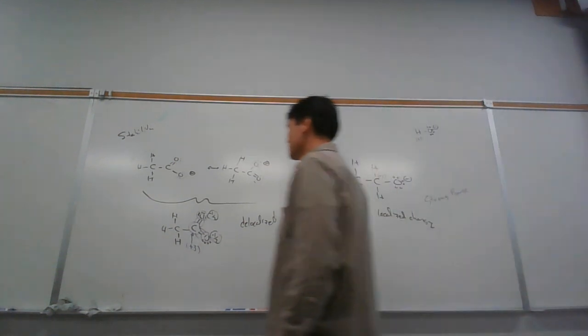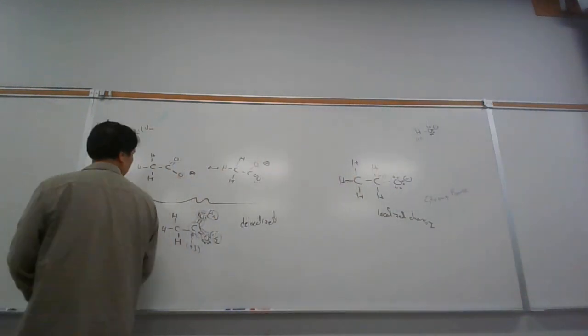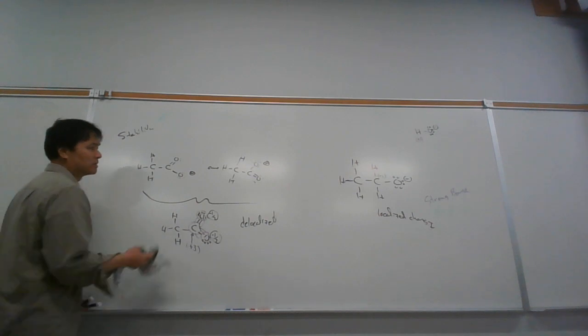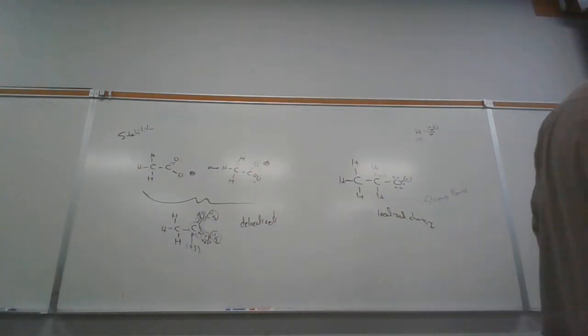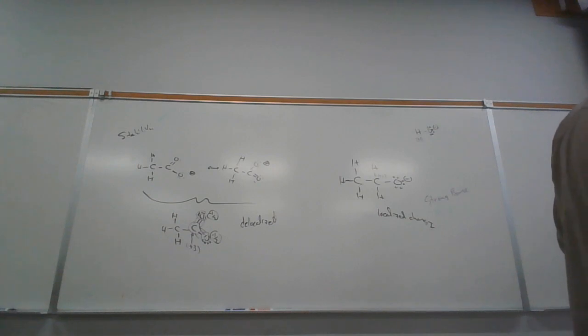And so we have to consider the product. The product's important, especially in a case like this, because acetic acid was how many times more acidic than ethanol? Let's go back and take a look at the Kas and the pKas. When we look at the numbers, this is 10 to the negative 5. This is 10 to the negative 16.